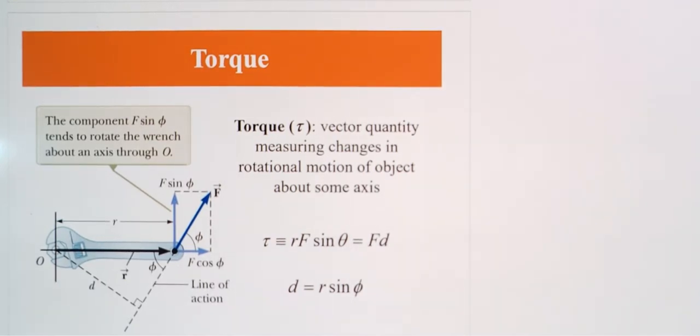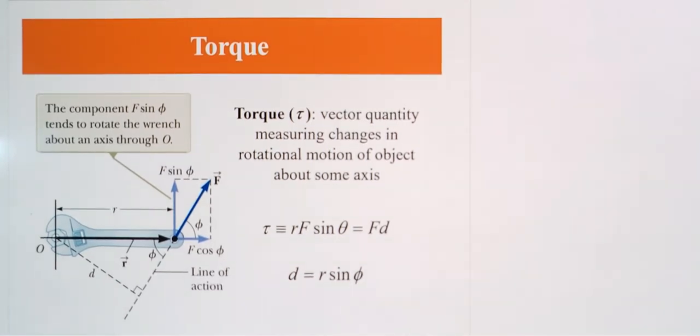Now look, in the book he is talking about torque fully as a vector in chapter 11. However, it would be confusing to deal with torque in this chapter as a magnitude only, and after that deal with torque as a vector.